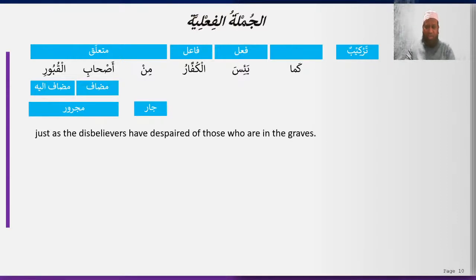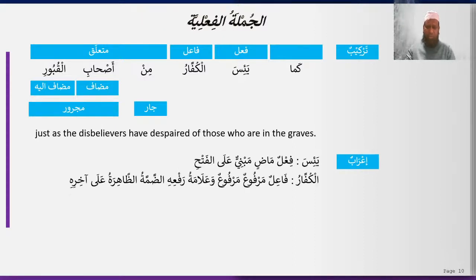So let's look at the i'rab. We start with يئس. يئس فعل ماض مبني على الفتح، and الكفار فاعل مرفوع.